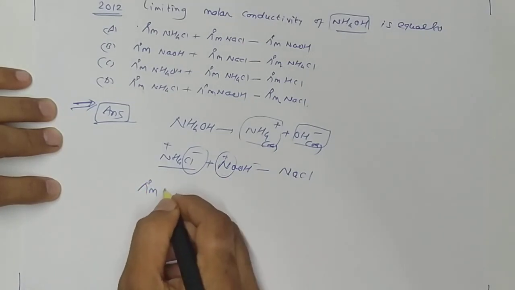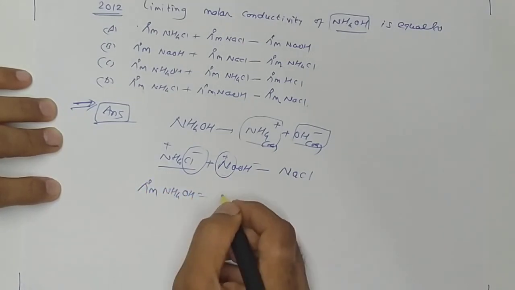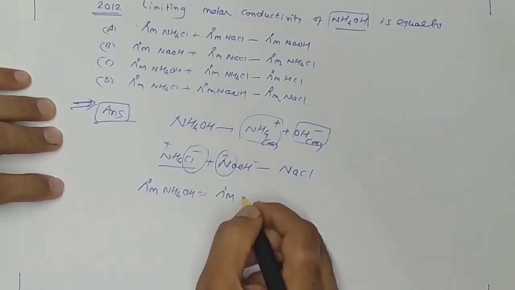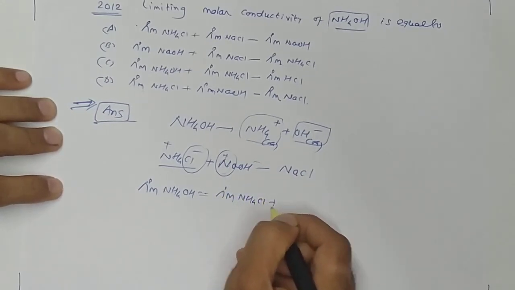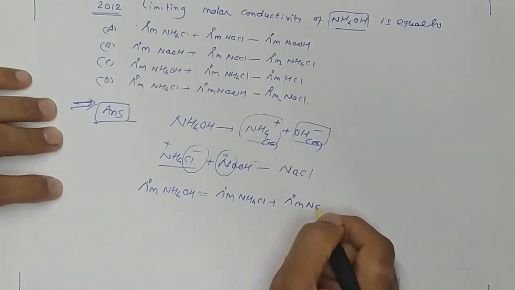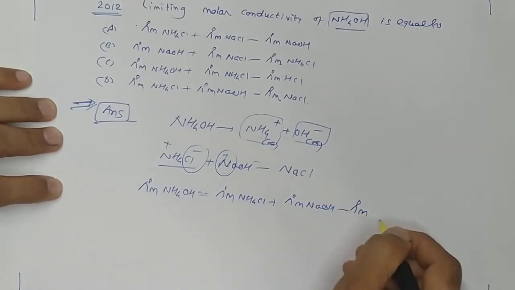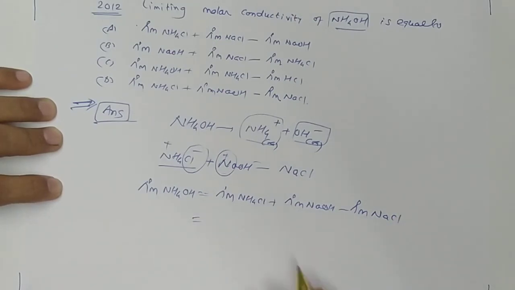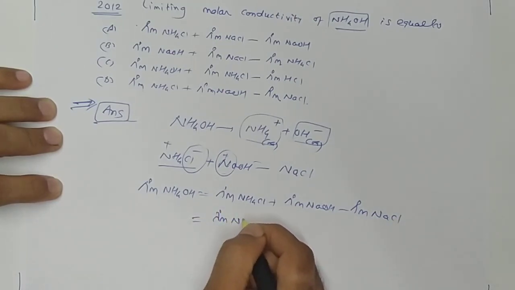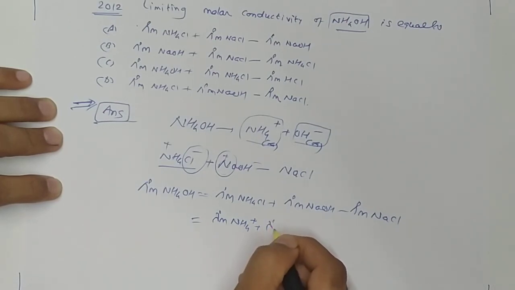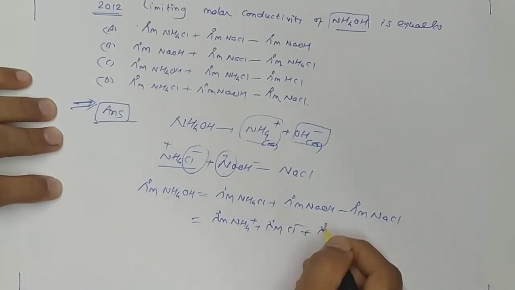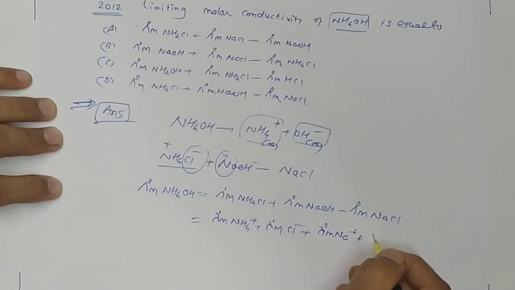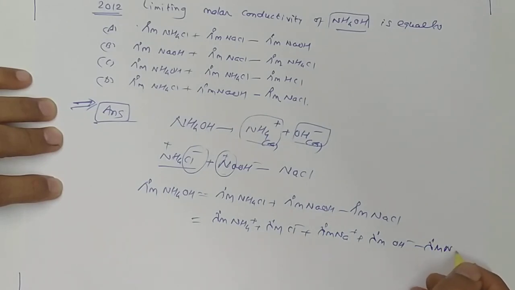So molar conductivity of NH4OH equal to molar conductivity of NH4Cl plus molar conductivity of NaOH minus molar conductivity of NaCl. So here lambda degree m NH4+ plus lambda degree m Cl- plus lambda degree m Na+ plus lambda degree m OH- minus lambda degree m Na+ minus lambda degree m Cl-, Cl- cut, Na+ cut.